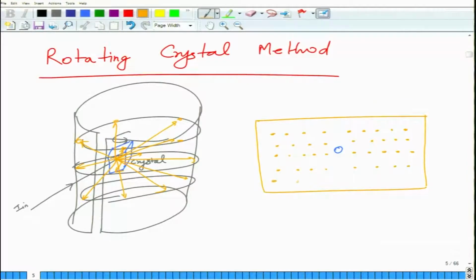Depending upon the plane spacing and diffraction, you will have these, and this is the transmitted beam. Of course, you need to determine the distance, you need to determine the size.